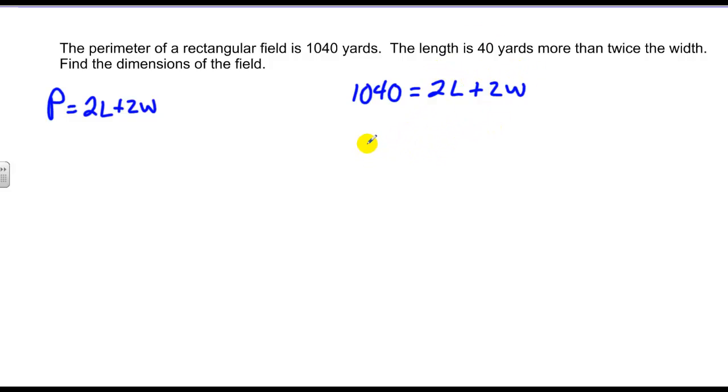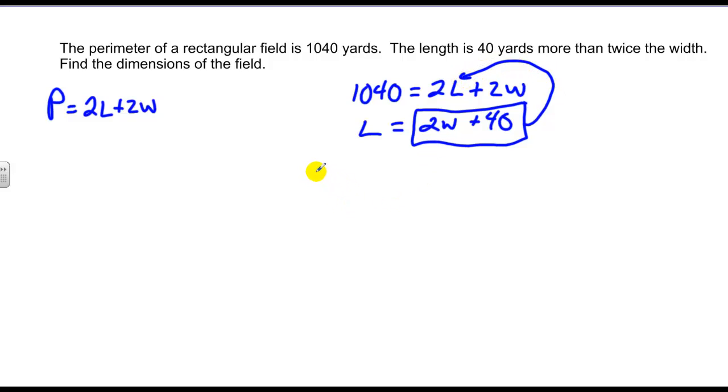The length equals 40 more than twice the width. This problem's all set up for substitution because I know what L is equal to.